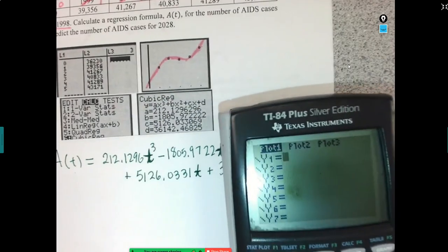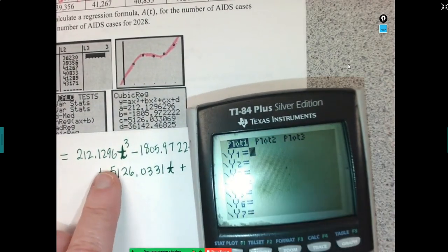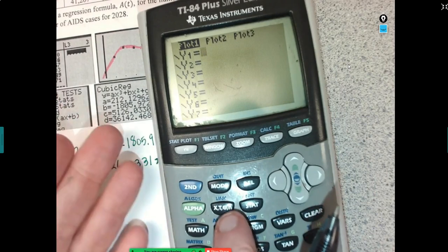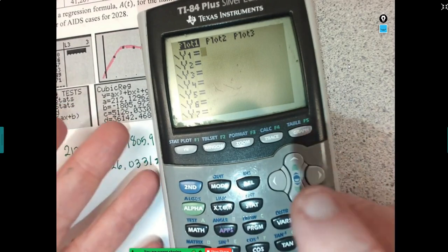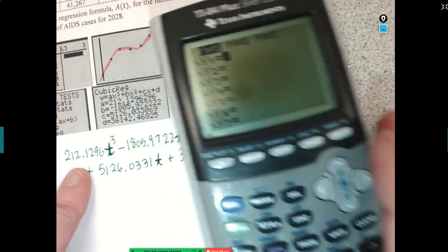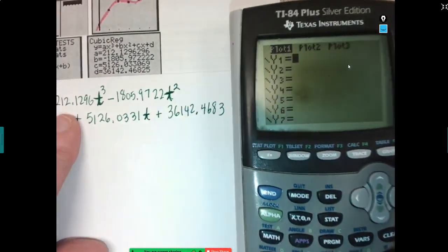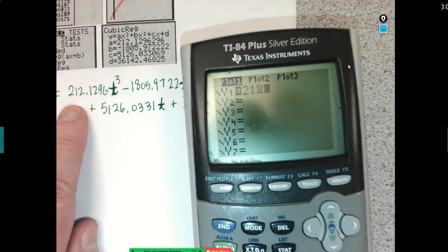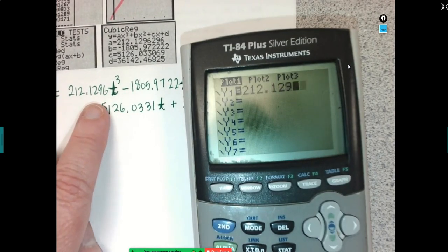And I'm going to come here and put it in, well, you use this button if it's X or if it's T or theta or N. But it's going to show as an X. So yeah, one of the drawbacks, but I'm going to put this formula in and we're going to see how well it fits the data.